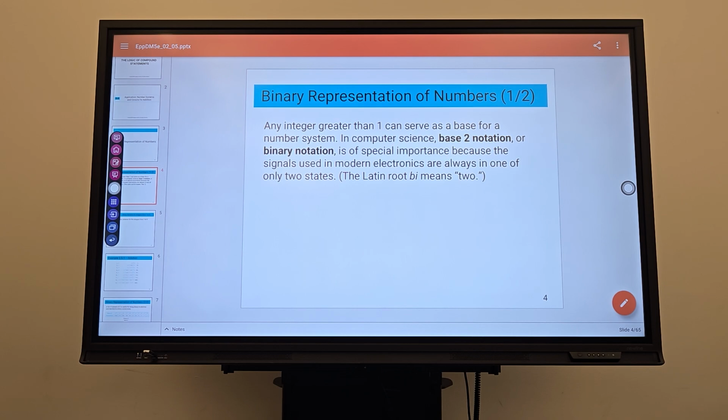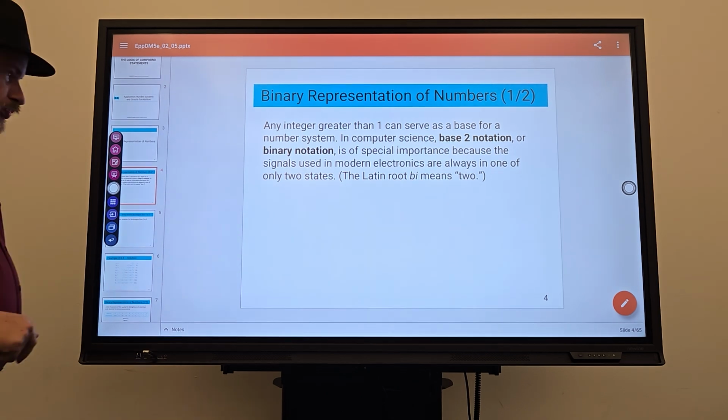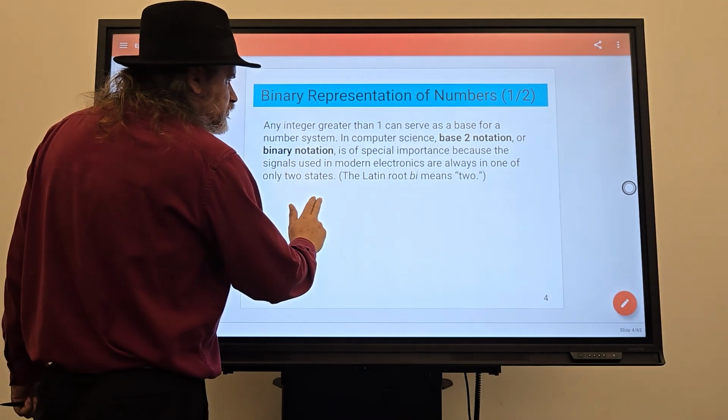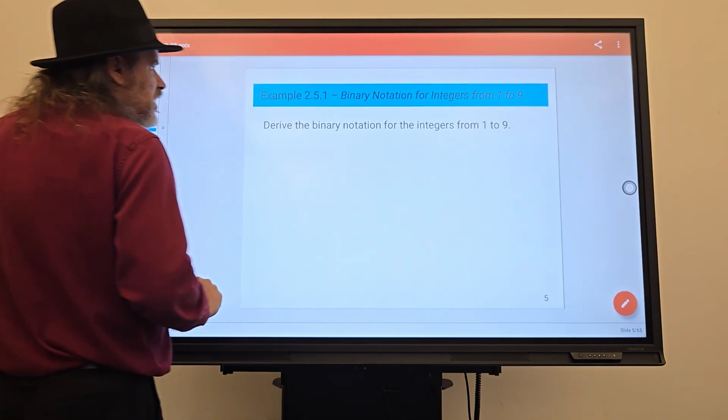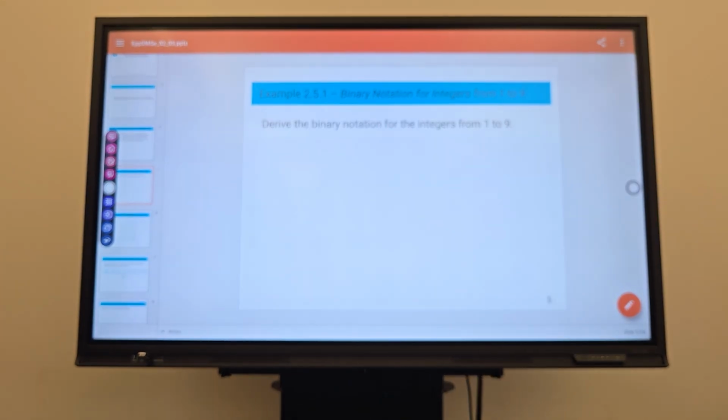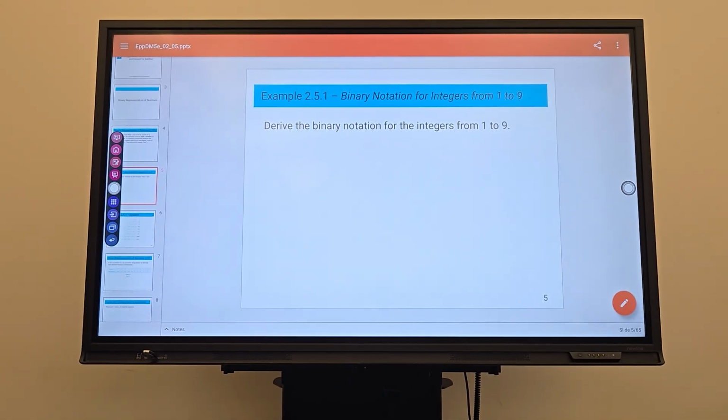There's a third one, but that's a technicality you'll get into later on in electronics. Anyway, derive the binary notation of the integers from 1 to 9.